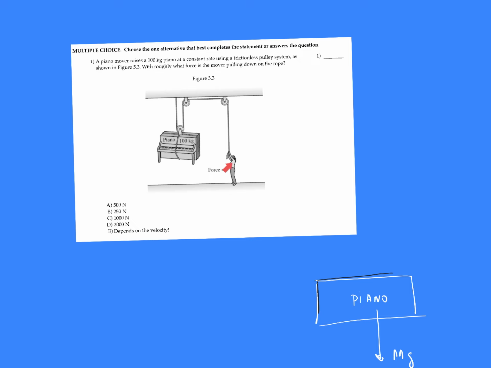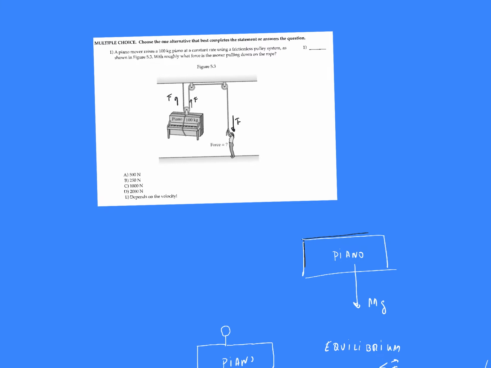The first problem says there is a guy pulling with a force F. Let's draw the force F. So, if the weight of this piano is 1,000 newtons, what is the force that the guy is pulling?